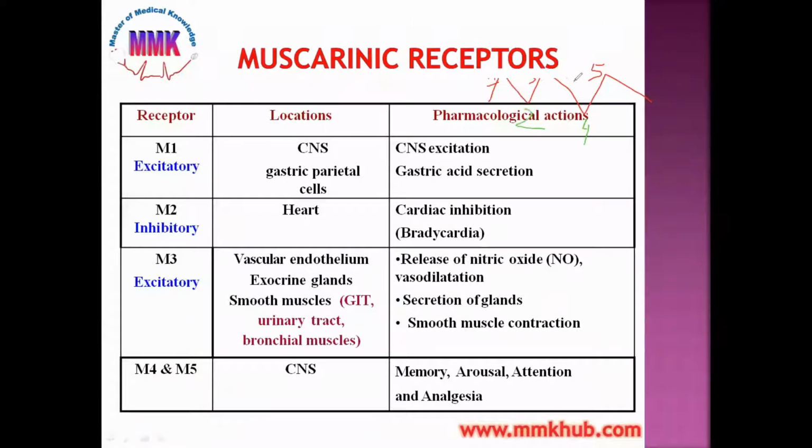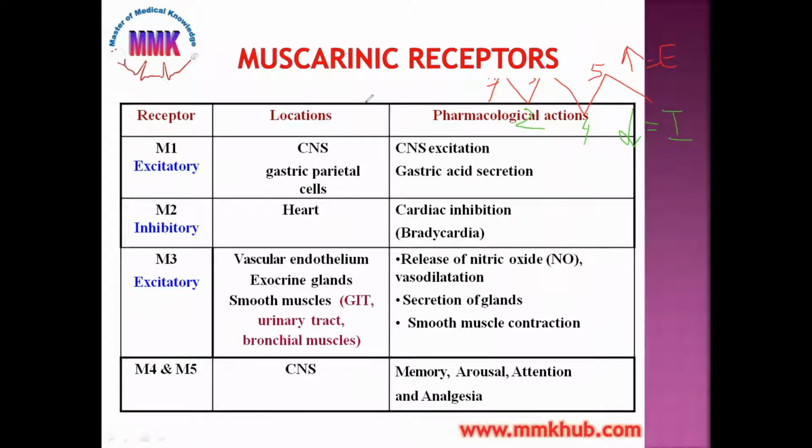So now you can see that 1, 3, and 5 are obviously on the height going up. So 1, 3, and 5 will be excitatory receptors. So M1, M3, and M5 will be excitatory. And as you can see, the 2 and 4 are the below ones. So M2 and M4 will be inhibitory, right?